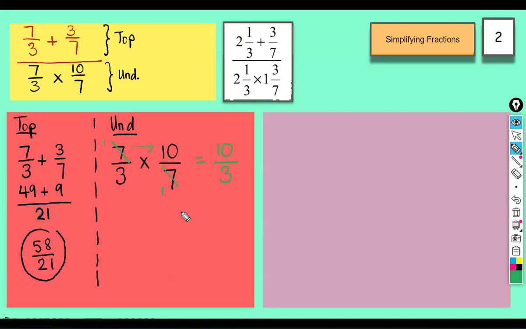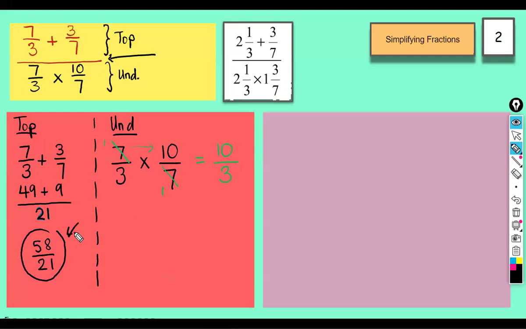But is the question finished there? By working out the top separately and working out the underneath separately, is the question finished? The answer is obviously no. Because we were supposed to take the final top answer and look at the big divide sign here and divide it by this. Now I'm going to write it a little bit differently.